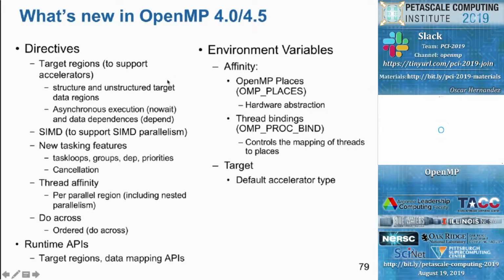We started to support accelerators in OpenMP since OpenMP 4.0 and 4.5. The way it is supported is through the target directive, and OpenMP 4 and 5 cover many aspects, target just being one of the new features in that specification.